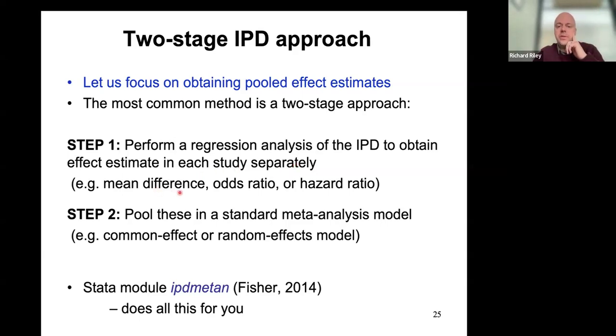That could be a mean difference or an odds ratio or a hazard ratio. In the second stage, we then take those study estimates of the treatment effects and pool those in a standard meta-analysis model, so a common effects or a random effects model.